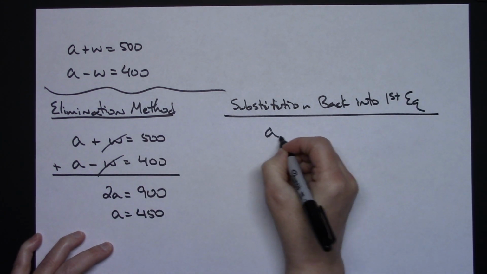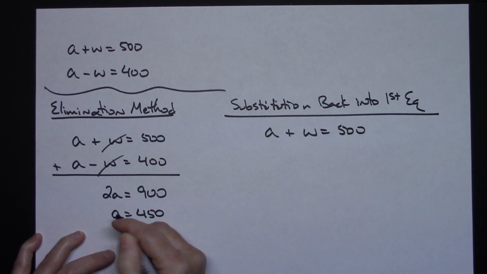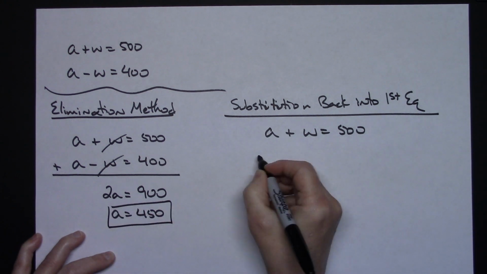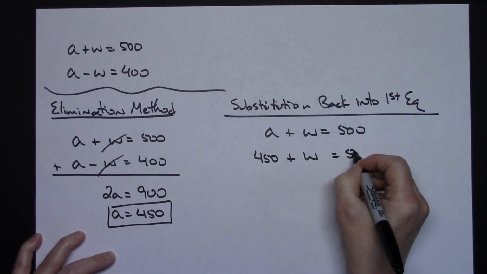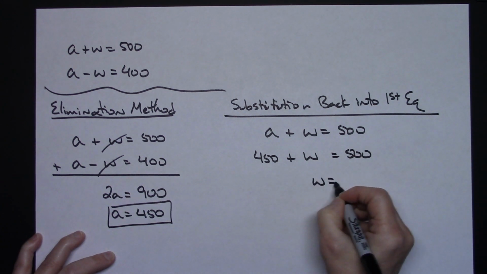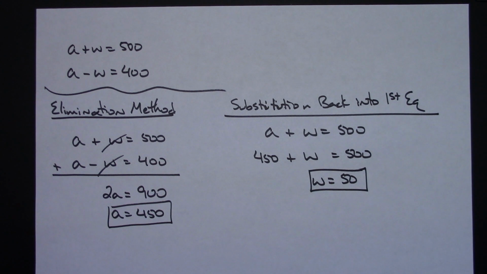I had a plus w equals 500. I now know that a is 450, so 450 plus w equals 500. That makes w 50, or my wind speed 50.